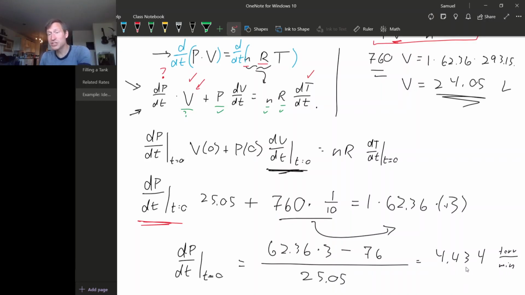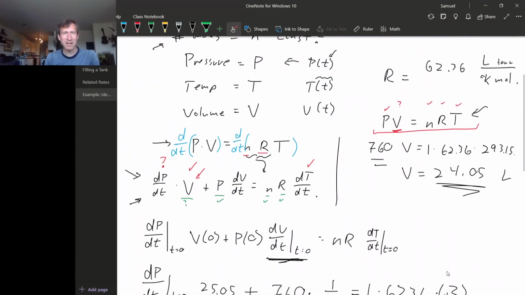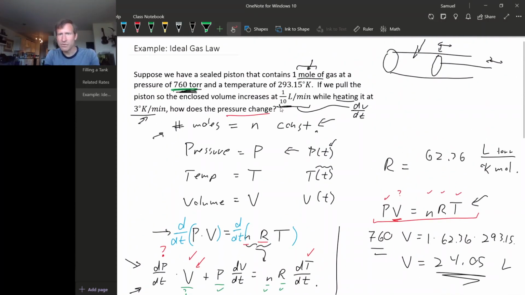All right. So in fact, the pressure in this situation is going up. And that wasn't obvious to begin with, because what we were changing in this situation is we were increasing the volume and increasing the temperature. Well, heating something up, all else being equal, is going to increase its pressure, heating up a gas.